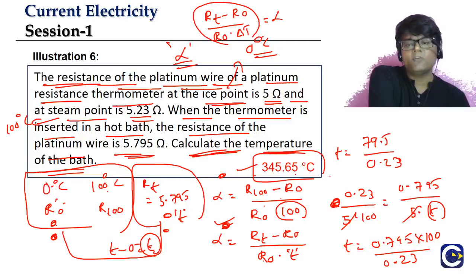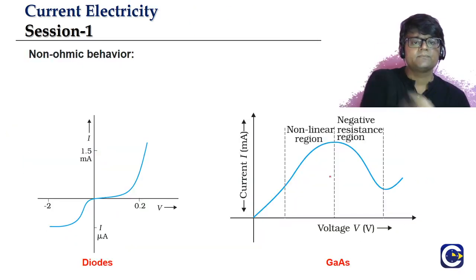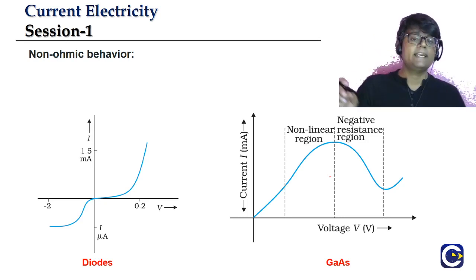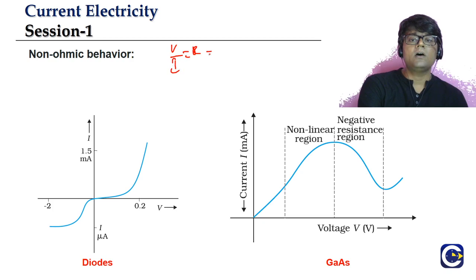So these are the kind of questions that we can expect on the temperature coefficient of resistance or resistivity. Now when we talked about Ohm's law, we said not every substance might follow this relation. What is the relation? V by I is equal to R, or V is equal to IR. Because at a given temperature, R is constant.